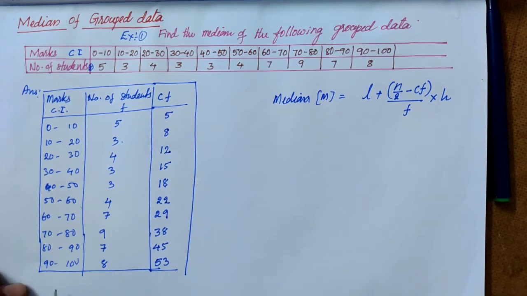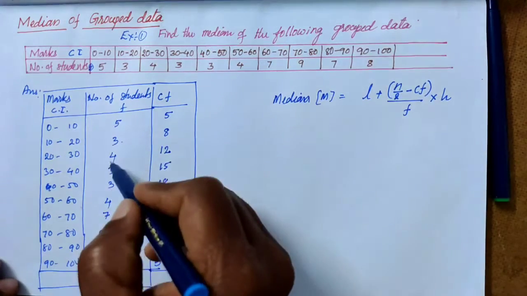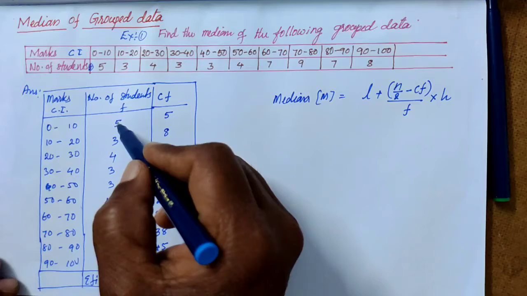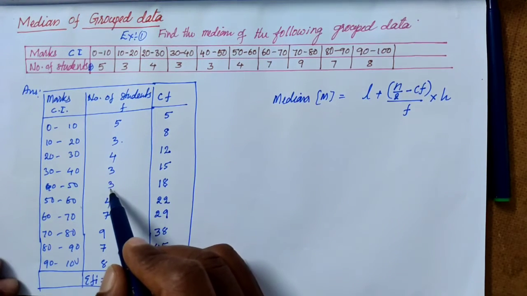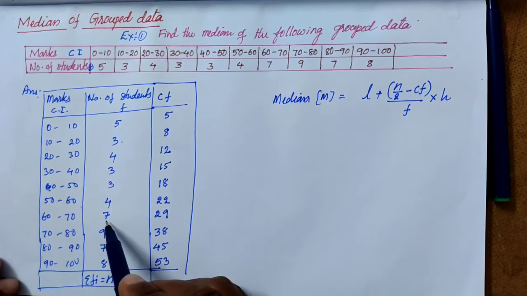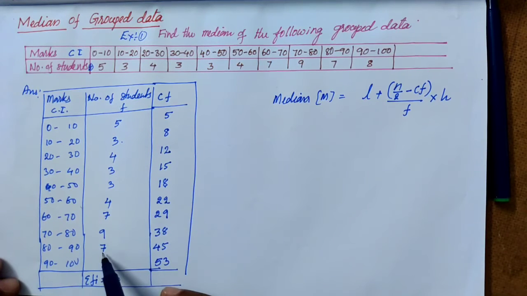Okay, the sum of frequencies is equal to n. If we add all these frequencies: 5 plus 3 is 8, plus 4 is 12, plus 3 is 15, plus 3 is 18, plus 4 is 22, plus 7 is 29, plus 9 is 38, plus 7 is 45, plus 8 is 53. So the sum of all frequencies is 53, so the number of observations n is equal to 53.